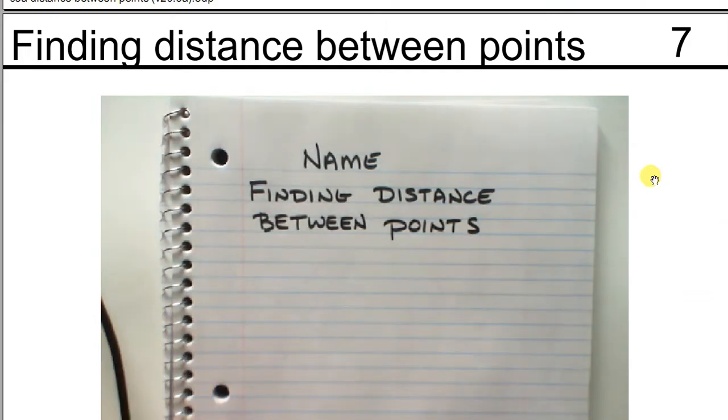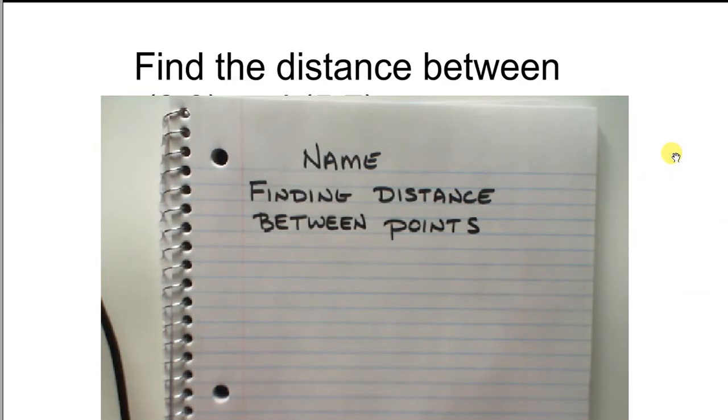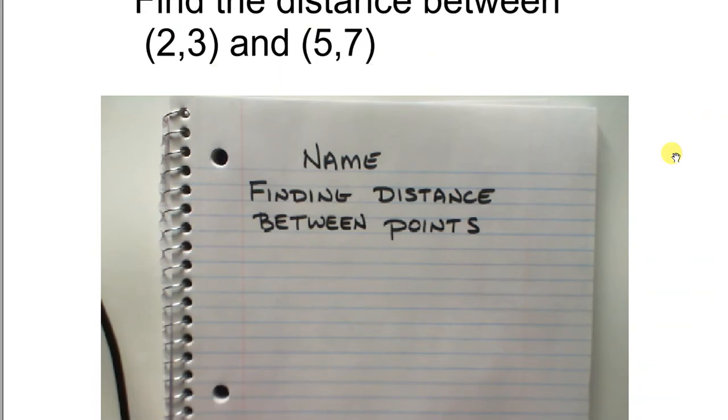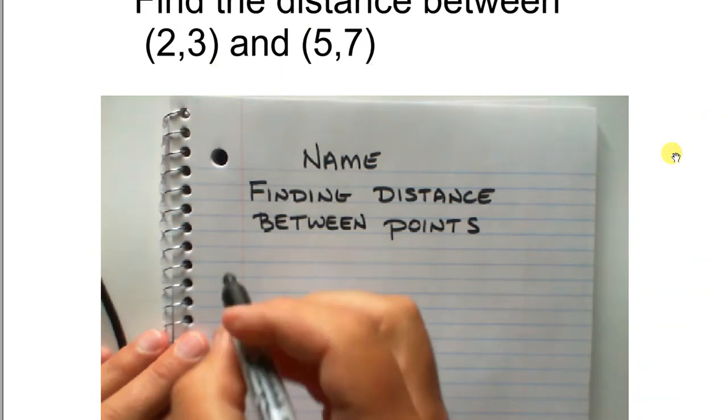We're finding the distance between (2, 3) and (5, 7).